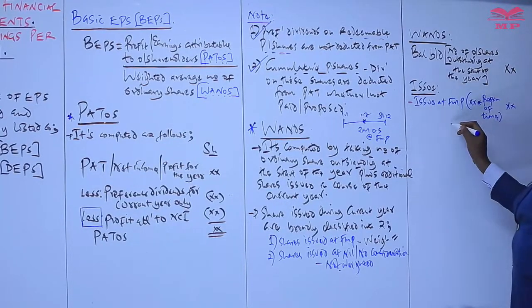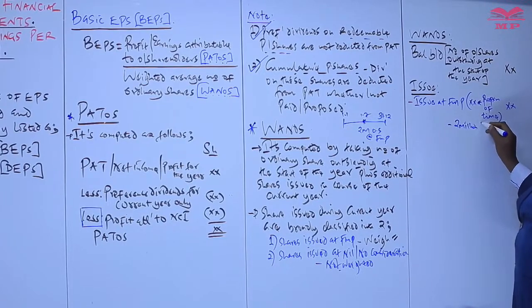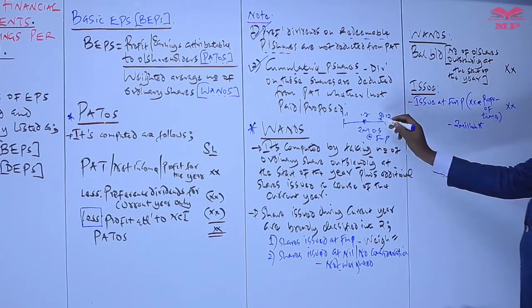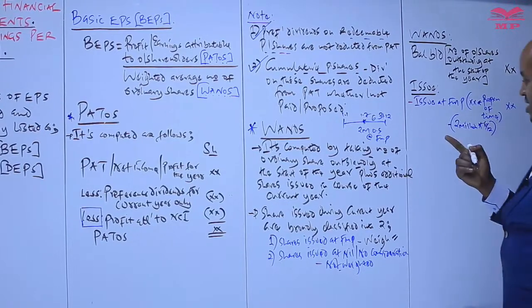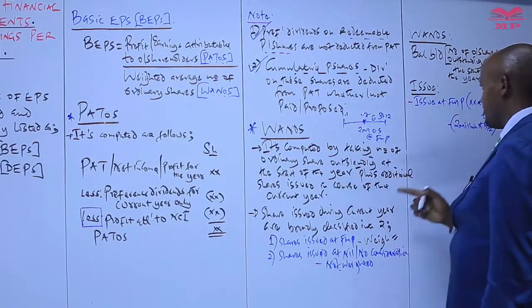Rather, we take the 2 million shares and multiply them with the proportion of time they were held. The shares were held for 6 months, 6 months out of 12. So whatever you get is now what you bring there. That's what you mean by weighting those particular shares on time basis.